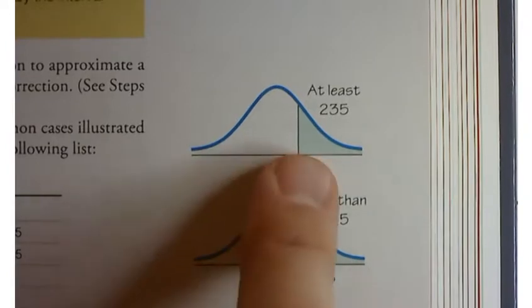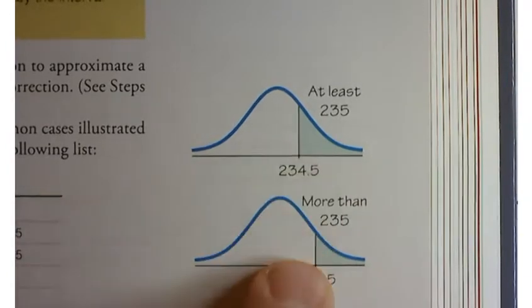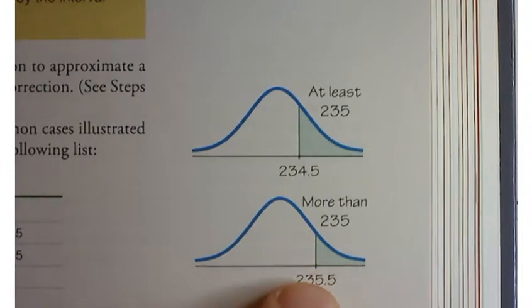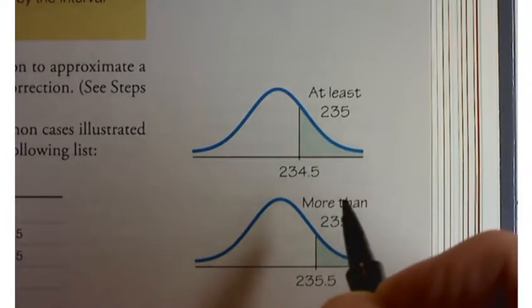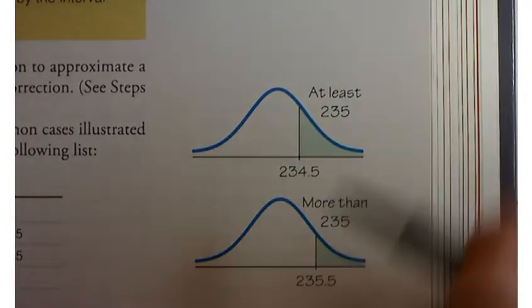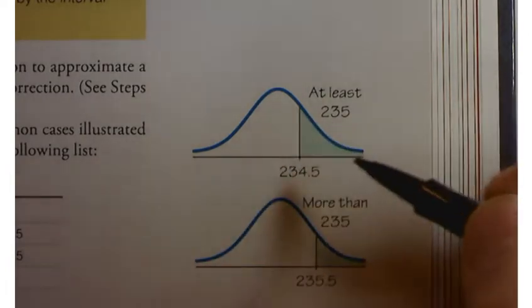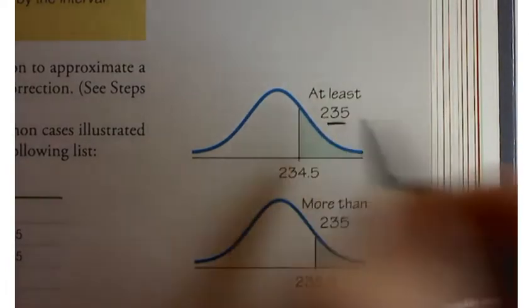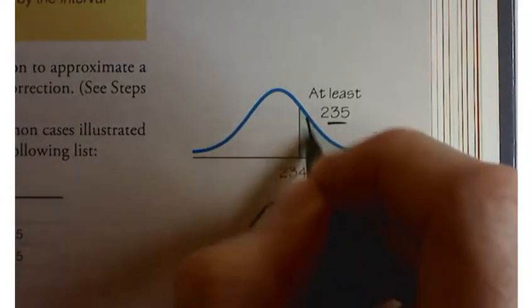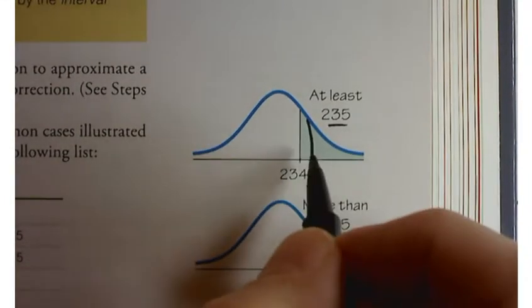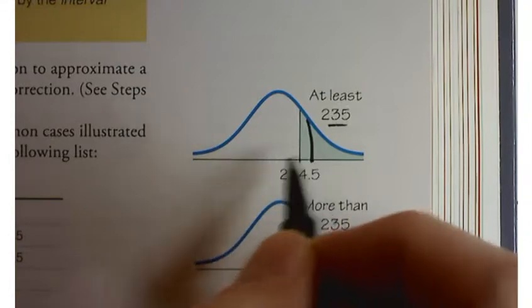For instance, you might have something that says at least 235 or more than 235, etc. And what you're going to do in all of these cases is add on a little bit to the area. So at least 235 is here. You're going to add a half. You're going to make this area bigger by 1/2.